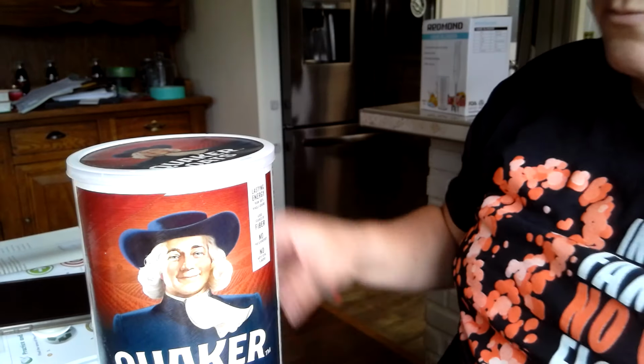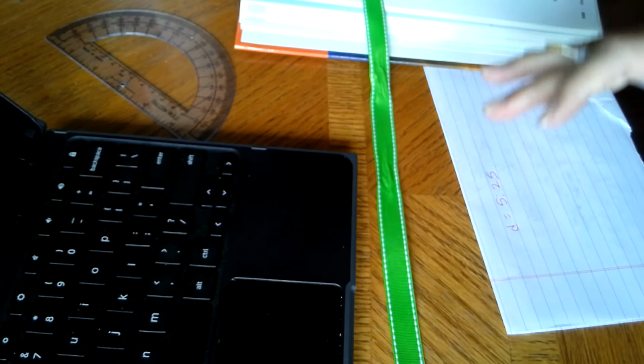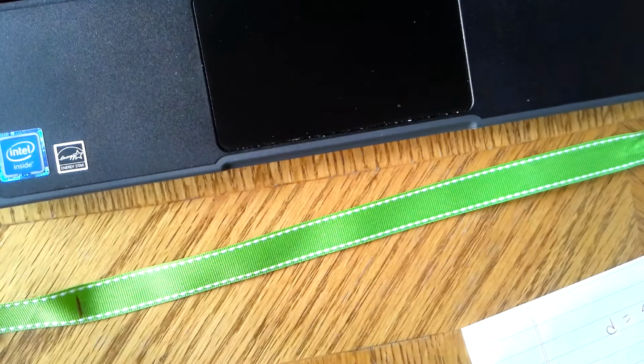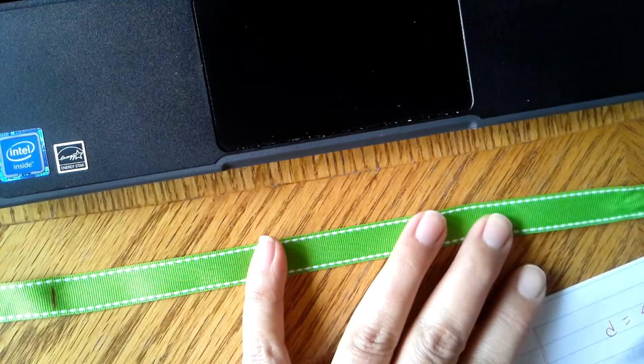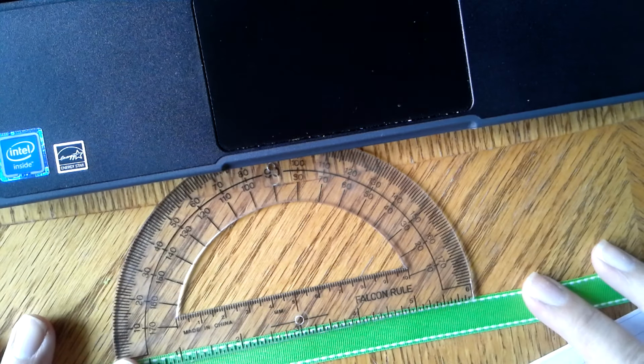So I'm going to measure with my ruler. I had students say to me, well, I don't have a ruler long enough. Oh, bless your heart. You can just move the ruler. You've got to think outside the box a little bit. If I measure this, this is 6.